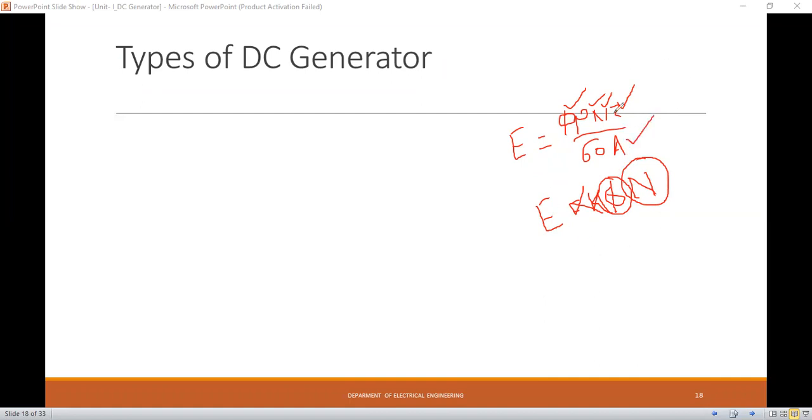Which parts come under the constant K? See here, at the time of construction, there are Z total number of conductors, A the number of parallel paths, and P the number of poles. Again, the number of parallel paths depends upon the type of winding.